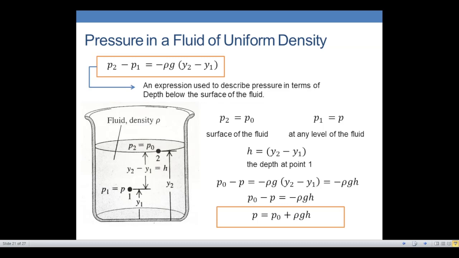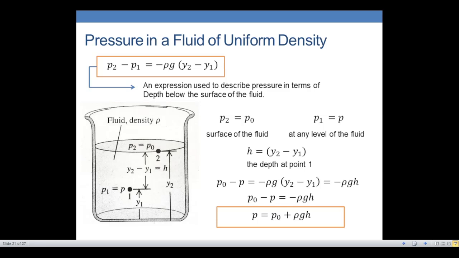So if we're going to go up, or if we're going to reduce our distance from the surface of the liquid, of that fluid, the pressure also changes. If we're going to go deeper, kung pupunta tayo sa malalim, the pressure is also changing. Okay, that is what we mean by this expression.